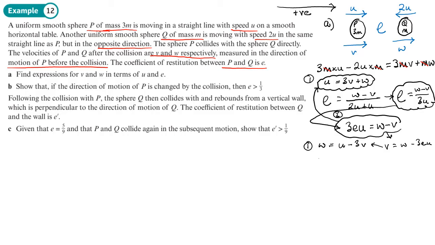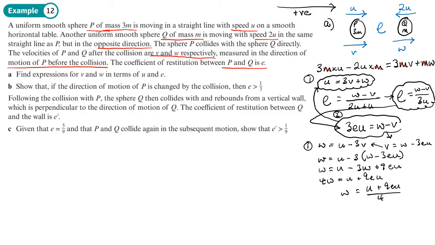Plug that in, so I get w equals u minus 3 times w minus 3eu, w equals u minus 3w plus 9eu. So 4w equals u plus 9eu, and then w equals all of that over 4. So there's my expression for w.